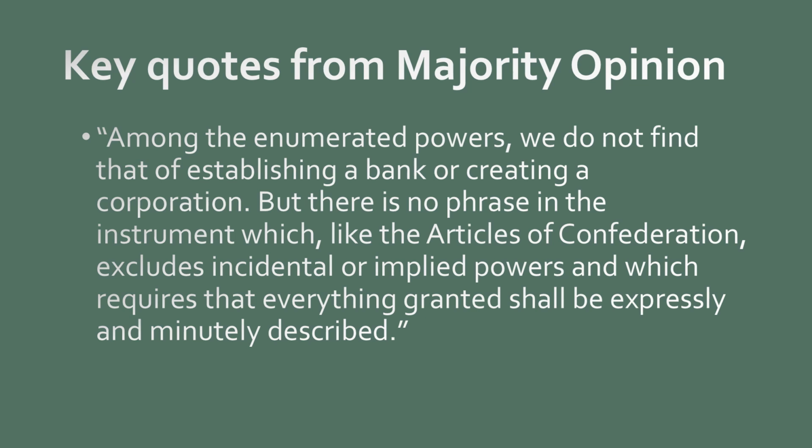So what he's saying here, because if you recall, in the Articles of Confederation, it said that everything not expressly delegated to the federal belonged to the states. In the 10th Amendment, it doesn't say that.